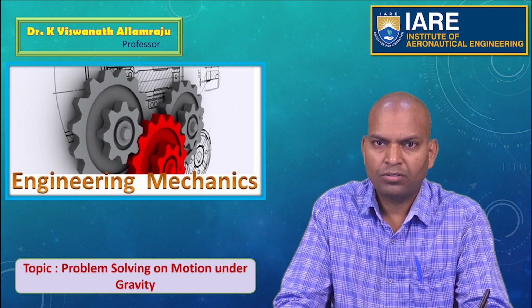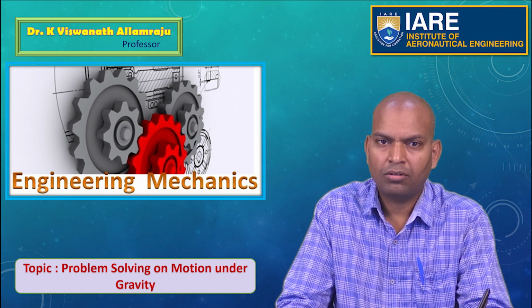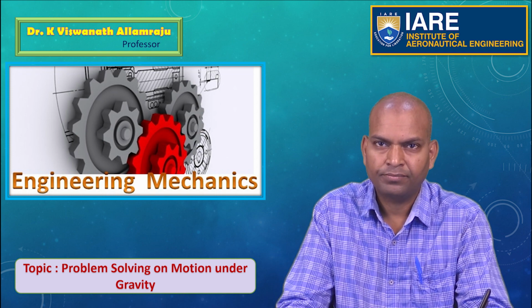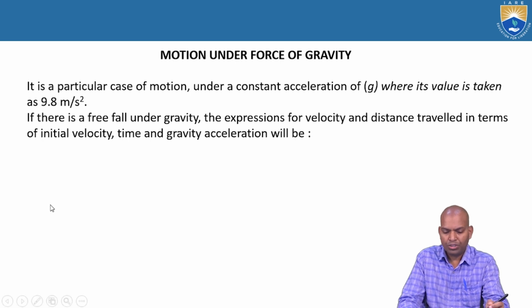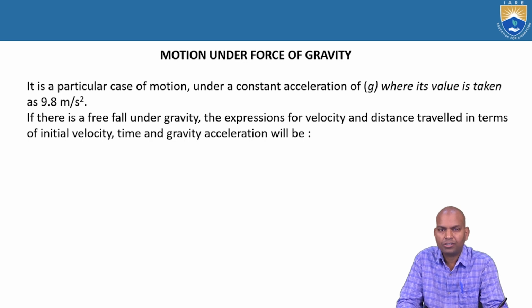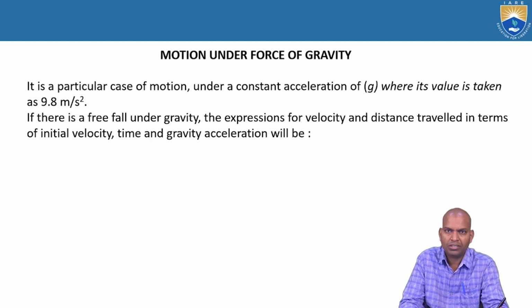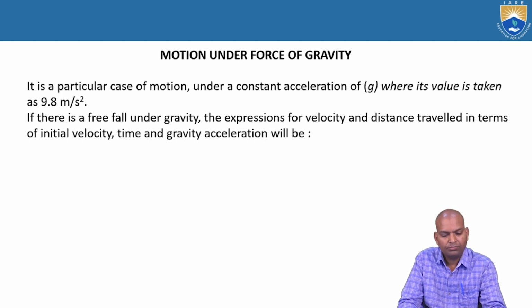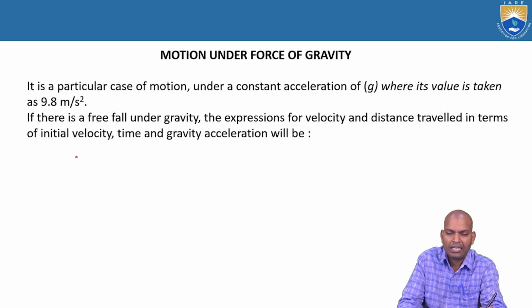In this session, we are going to study solving problems on motion under gravity. What is motion under the force of gravity, or gravitational force, or acceleration due to gravity? It is a particular case of motion under constant acceleration.